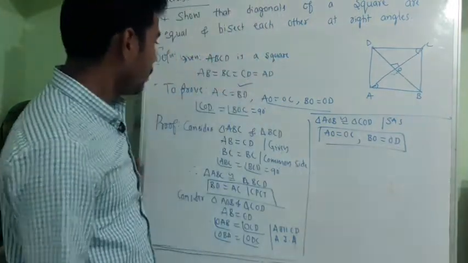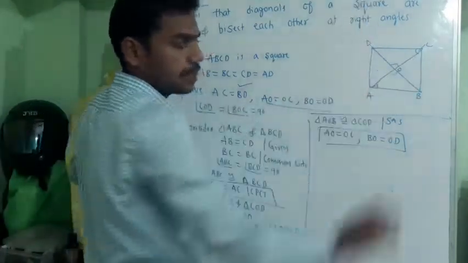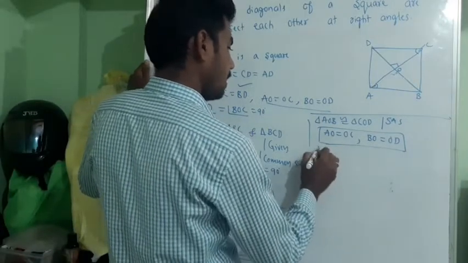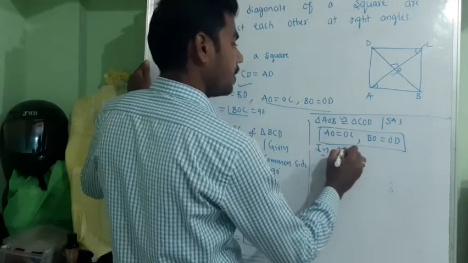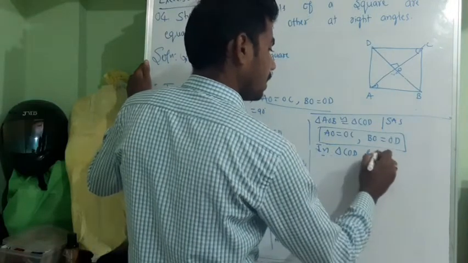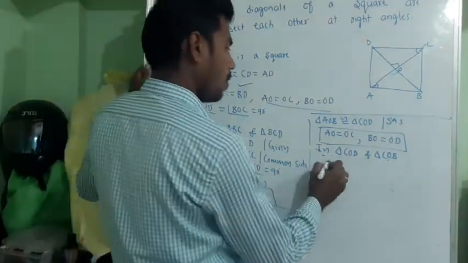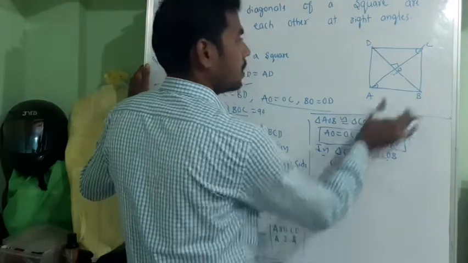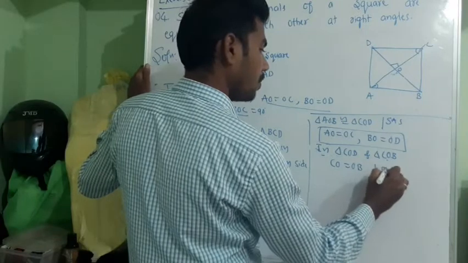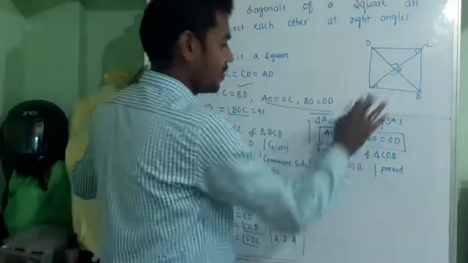Next, what do we need to prove? We need to prove angle COD is equal to angle BOC, each equal to 90 degrees. So consider triangle COD and triangle COB. What can we say?